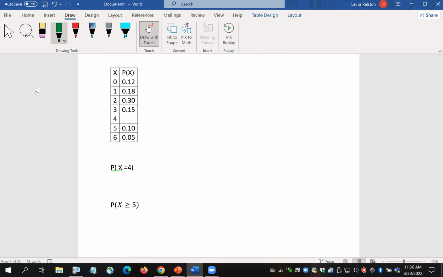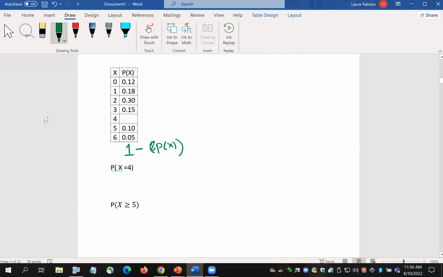Would we subtract all of them to equal 1 still? You're right. Remember, this column has to total to 1. So if I add up all the things that I know, if I subtract what I know, whatever's left has to be that 1.